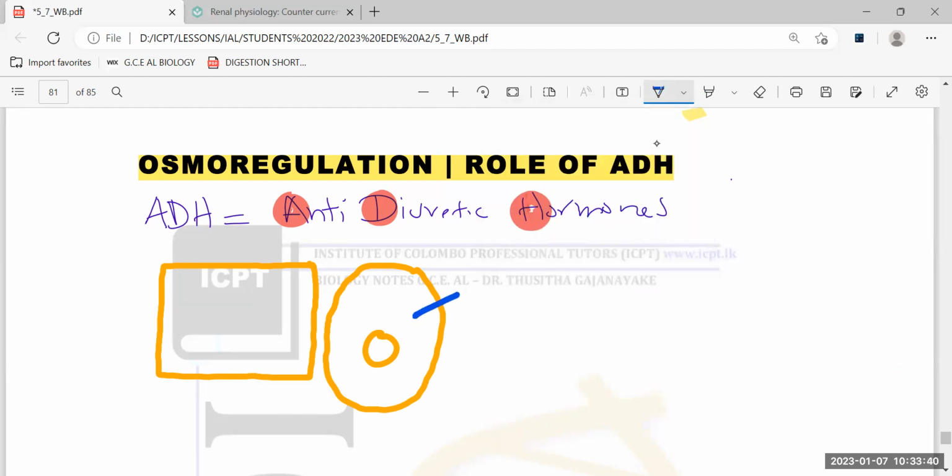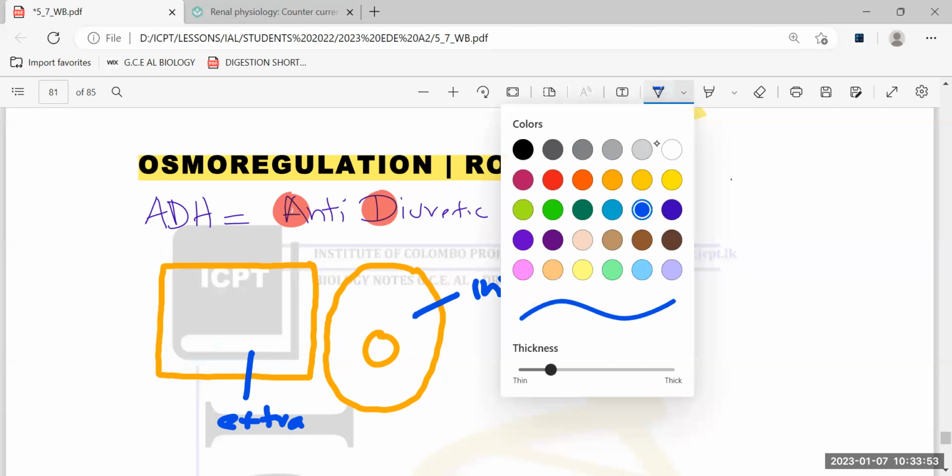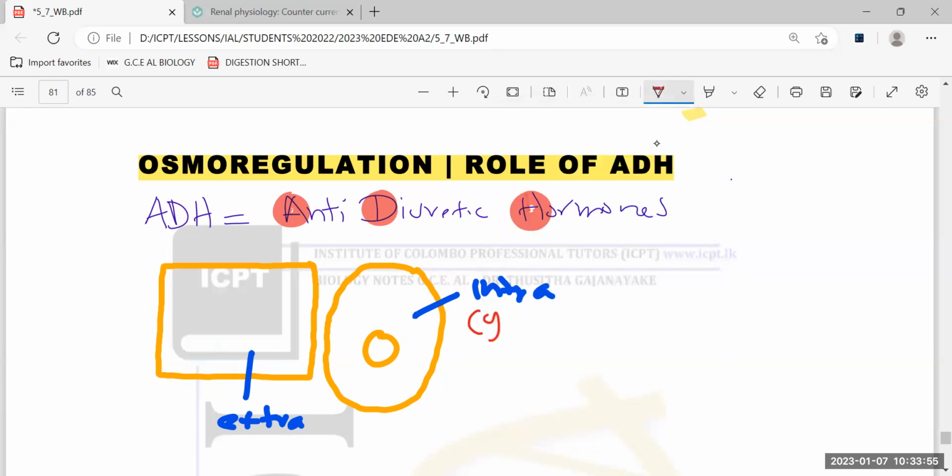Intracellular is inside the cell, intra, and this is extra, extracellular. What is intracellular? It is the cytoplasm. Cytoplasm is the intracellular area. Now, extracellular includes several components, right?